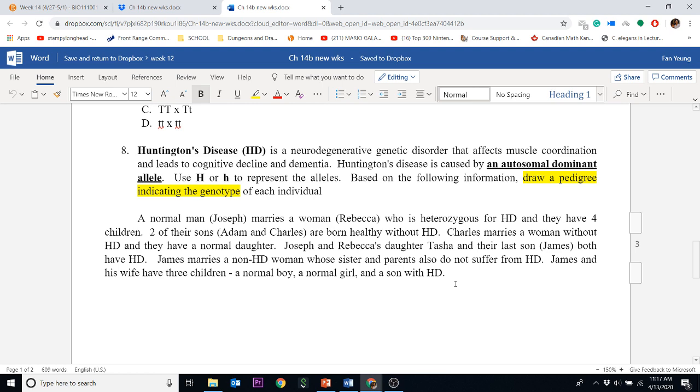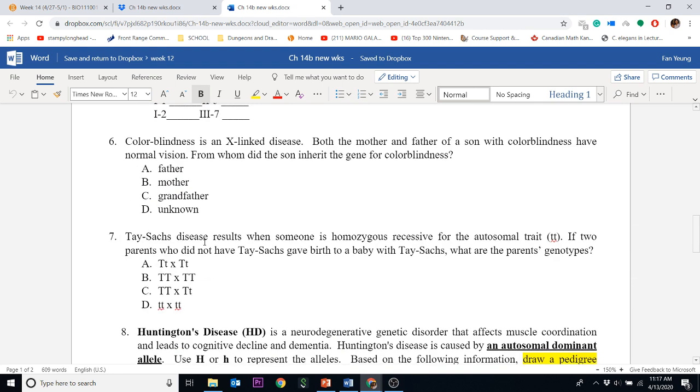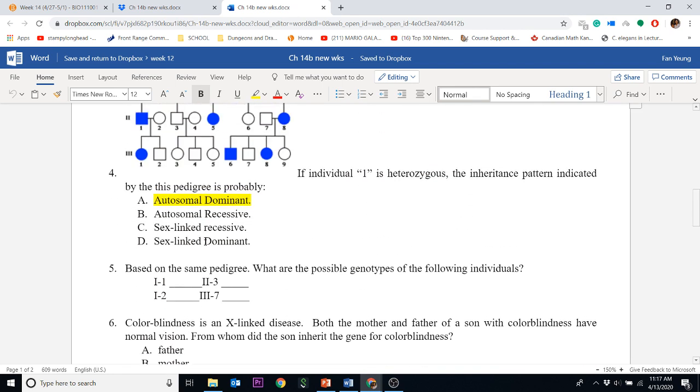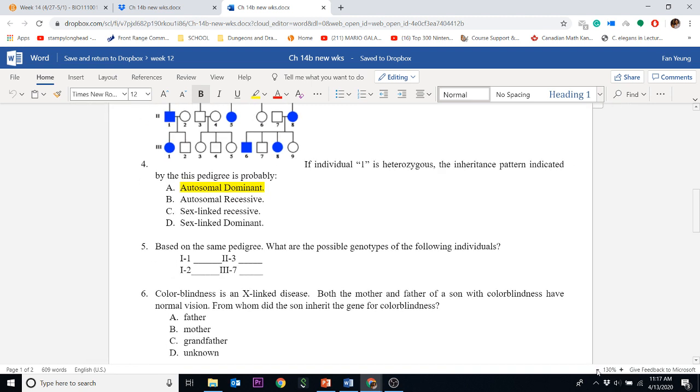Number 5. Oh, this one. Okay, this one actually is very easy.